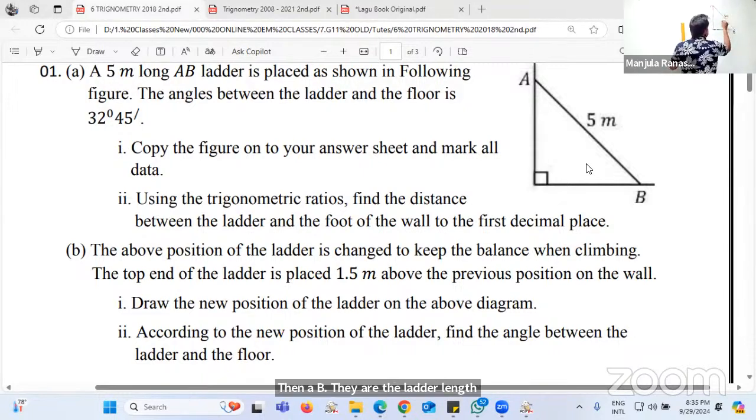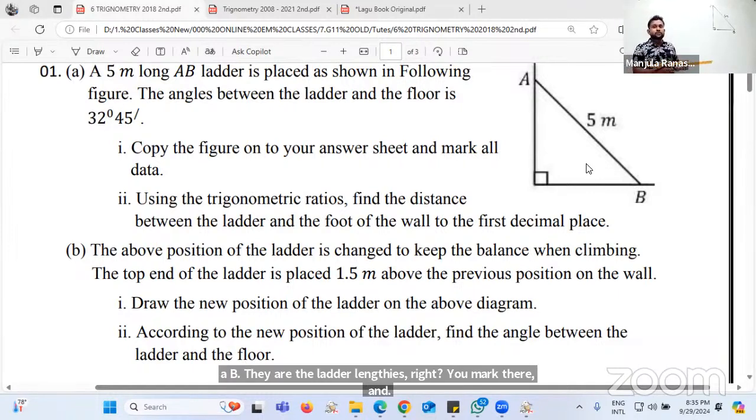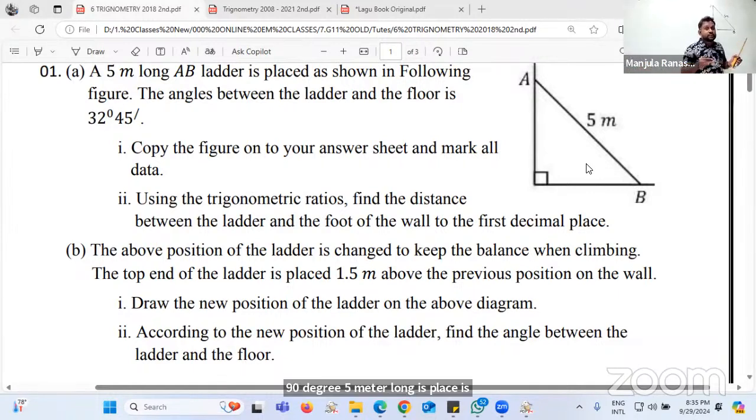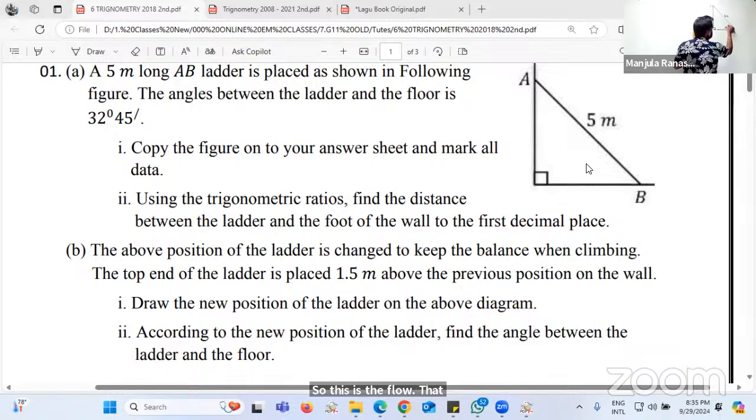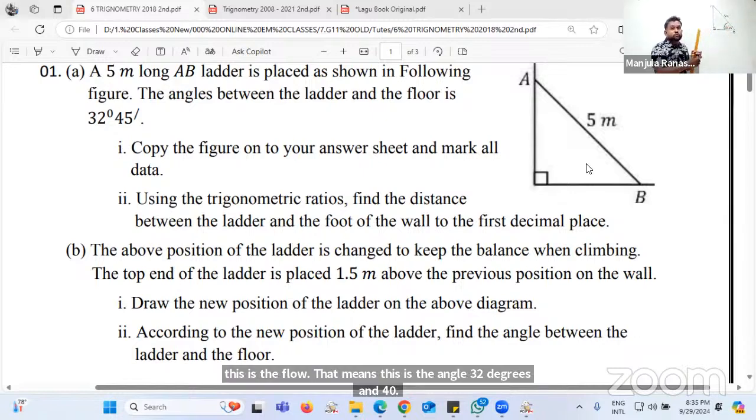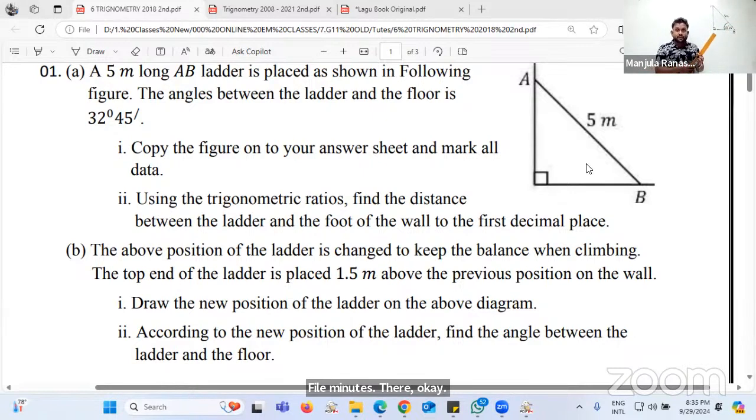You mark that, and this is 90 degrees. The 5 meter long ladder is placed as shown in the figure. The angle between the ladder and the floor, so this is the floor, that means this is the angle 32 degrees and 45 minutes. Now copy the figure into your answer sheet and mark all the data. We mark all the data here.